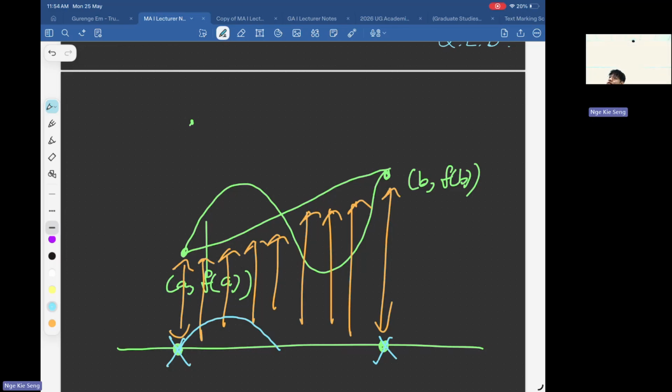So how? It also goes down. Let me think. It's just a shifting, I guess. Is it? Not exactly shift, right?